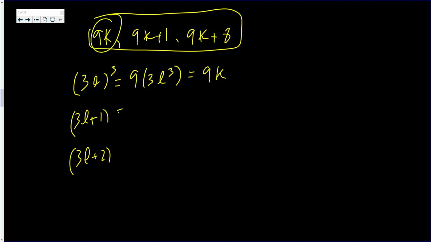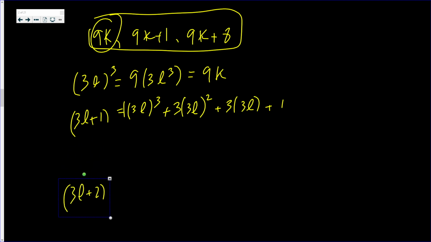Good. This one, well, you cube the 3L, you have a 1 in front, there are Pascal numbers: 3 times 3L squared times 1, which I won't write, plus 3 times 3L times 1 squared, which I won't write, plus 1 cubed, which is 1. Now, the nice part about this is I have 9s all over the place. 3 cubed is 9 times 3.